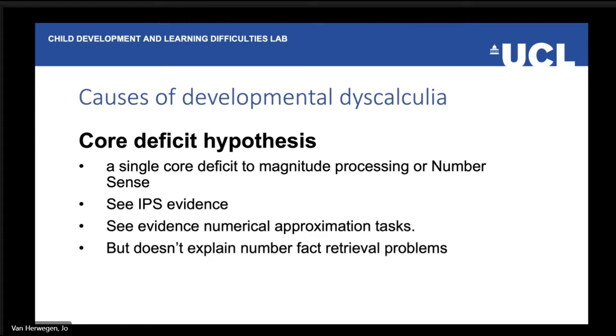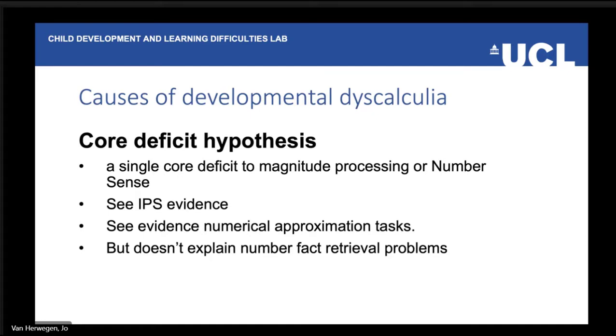There are loads of studies that have examined symbolic and non-symbolic magnitude comparison in children who are at risk for mathematical learning difficulties, in children who have mathematical learning difficulties, and those who've got developmental dyscalculia, and they all show impaired performance on these types of tasks.